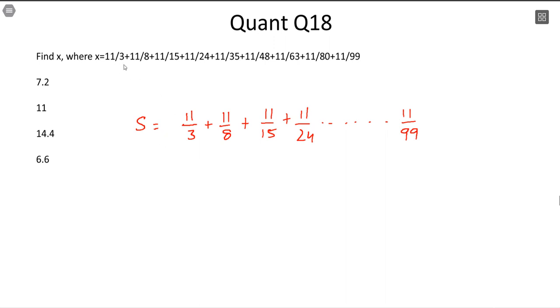First thing you need to know is, of course, you're not expected to find out the LCM of all the denominators and then add, multiply, subtract, because that would be too cumbersome. You can also use some degree of approximation to reach your answer. If you're comfortable with division by the numbers given here, I would definitely suggest do that.